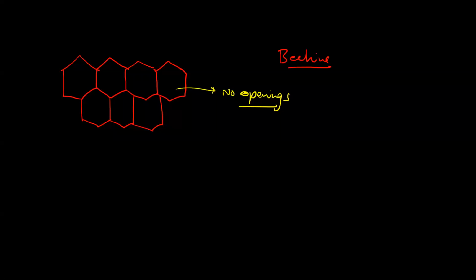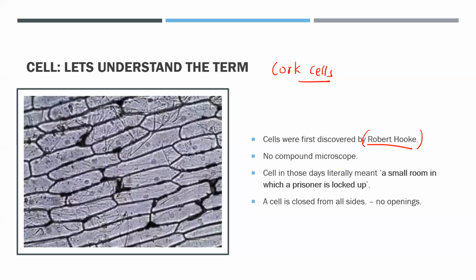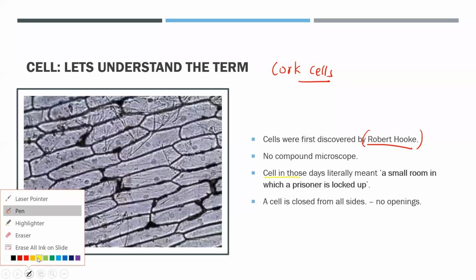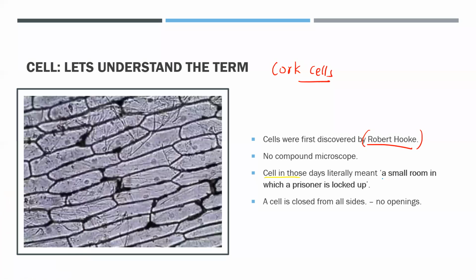Since they are closed from all sides, Robert Hooke said it is similar to a cell in which prisoners are locked, right? So he said that a cell, meaning a small room in which a prisoner is locked up, is closed from all sides and there is no opening.